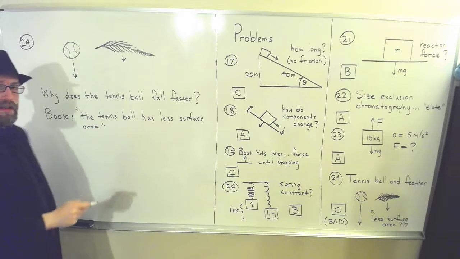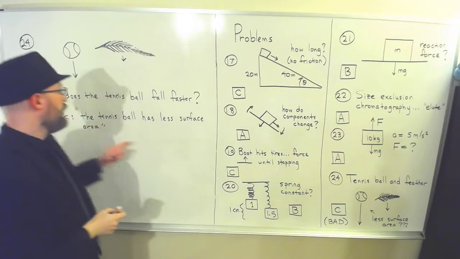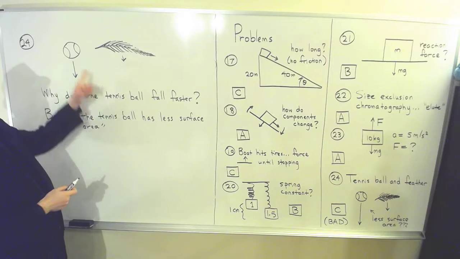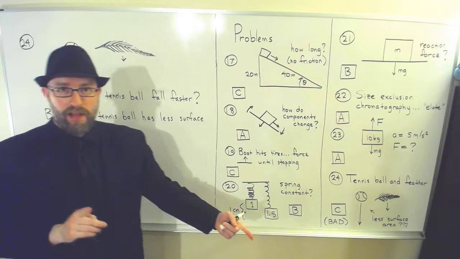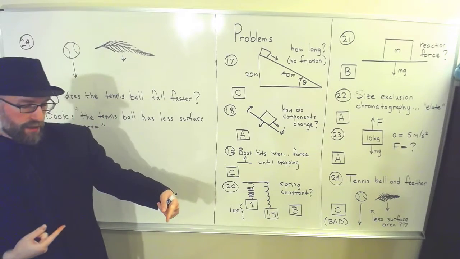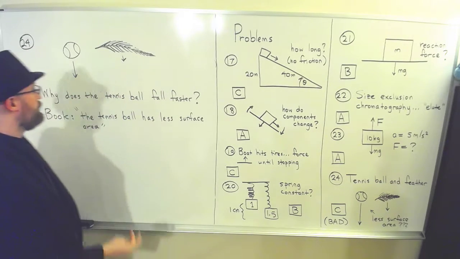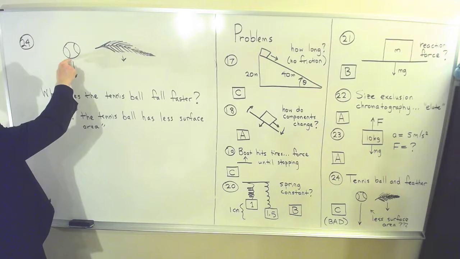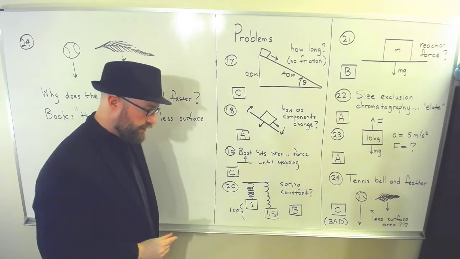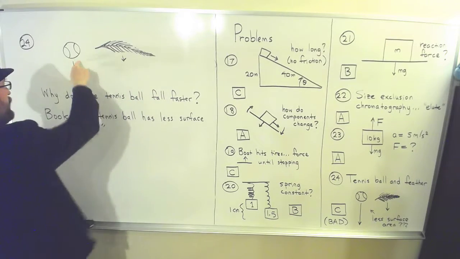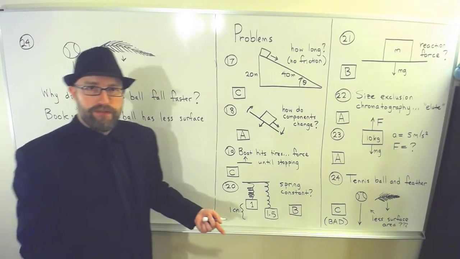Now this is a bad answer. For one thing, it's not obvious the tennis ball would have less surface area. That's got to be a pretty big feather. If it's one of those big peacock feathers, then yeah, I'll admit that the tennis ball has less surface area. But you could take a tiny little feather that has way less surface area than the tennis ball, and it will still fall much slower.